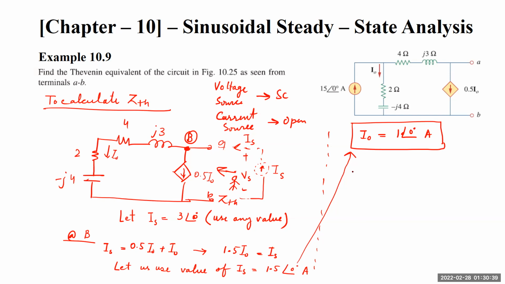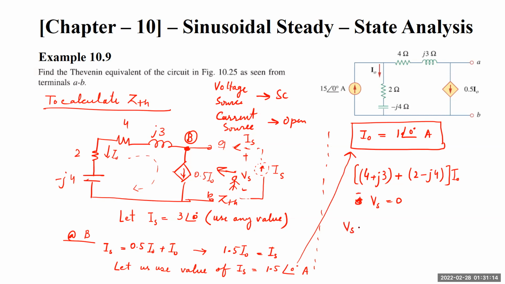You can use this loop equation: the overall loop equation will be (4 plus j3) into I naught plus (2 minus j4) into I naught minus Vs equals 0.